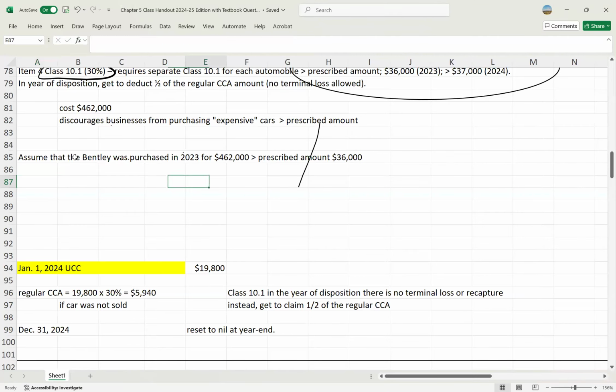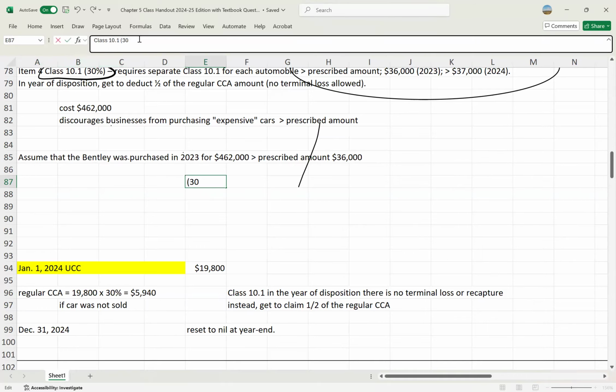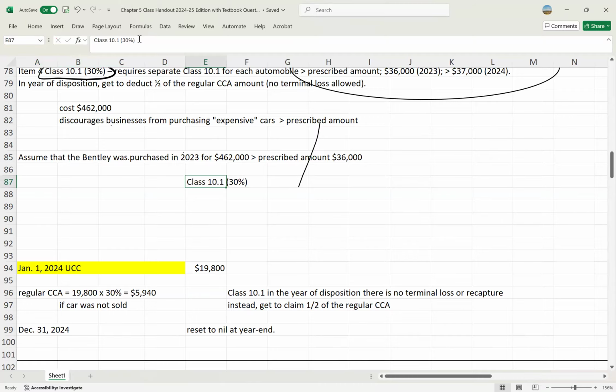So we know that this is going to go into class 10.1. In class 10.1, you've got to put each car over the prescribed amount in its own separate class 10.1. So there's no other assets in this class but this Bentley that was bought in 2023. So the balance at the beginning would be 0.